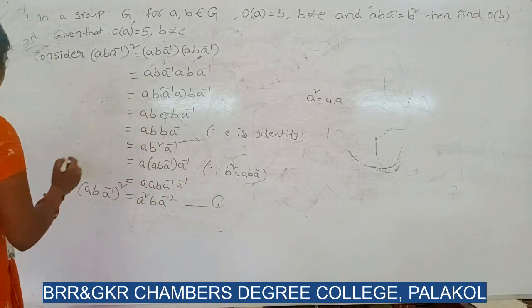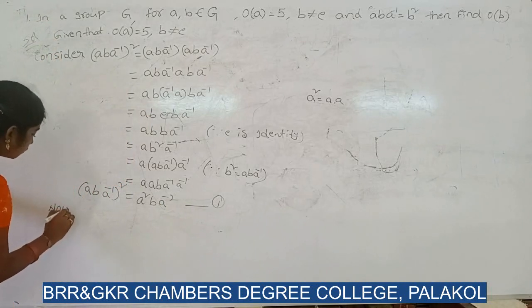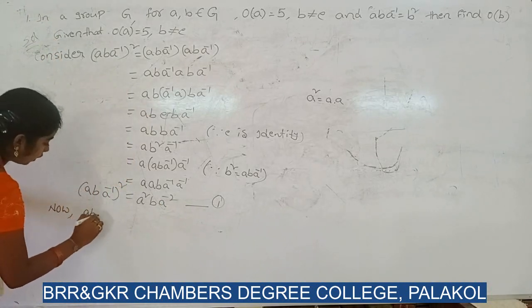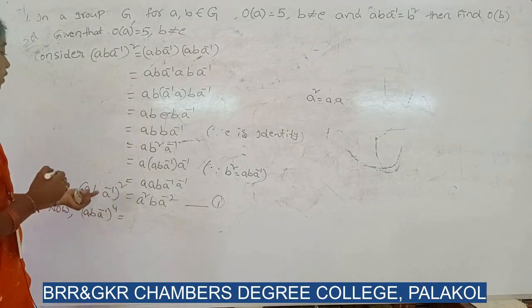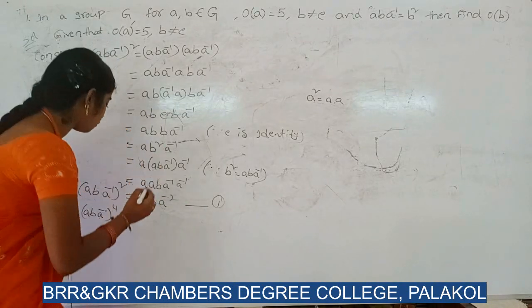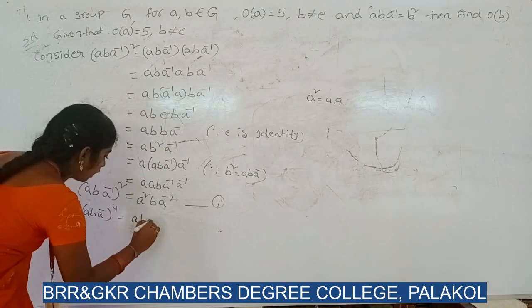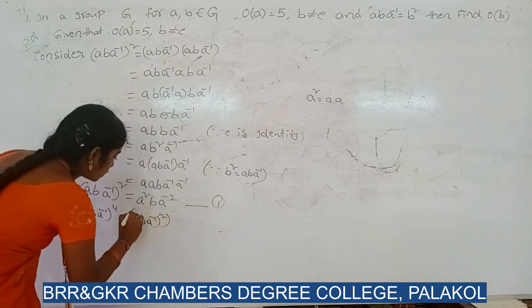Next consider (a b a inverse) whole power 4. It can be written as ((a b a inverse) square) whole square.